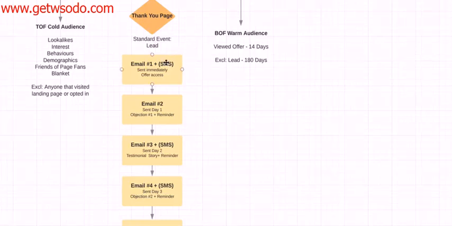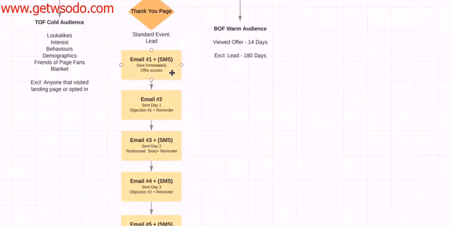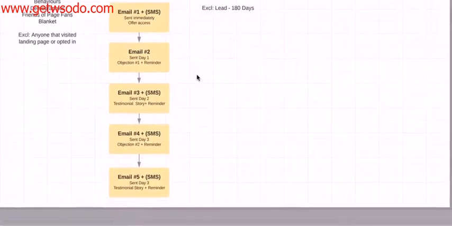But essentially, you're going to send an email immediately with access details to the offer, recap the benefits, recap why they should claim it, and build some urgency in there. That's really important. If you do have SMS, you will find a much higher open rate, and typically your clients will close those a lot higher as well.